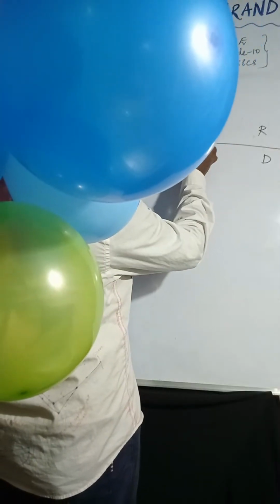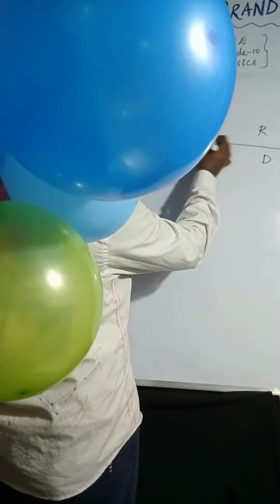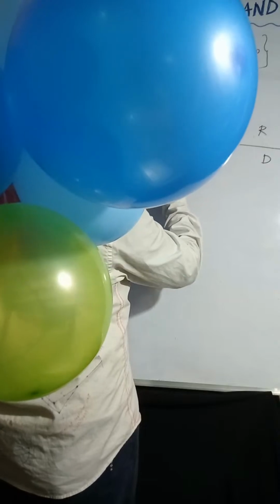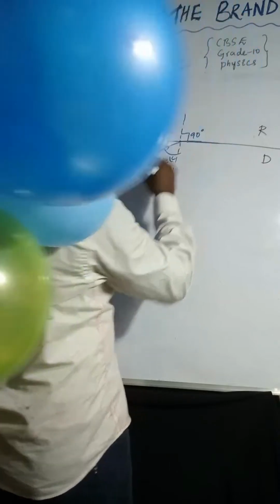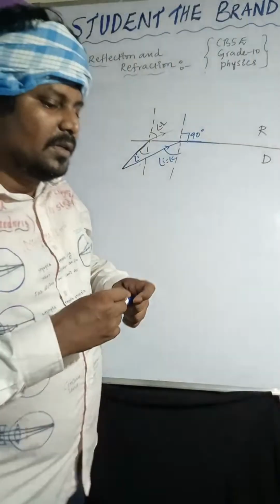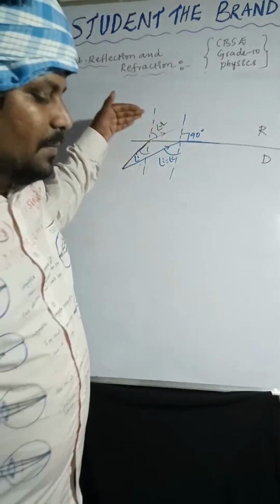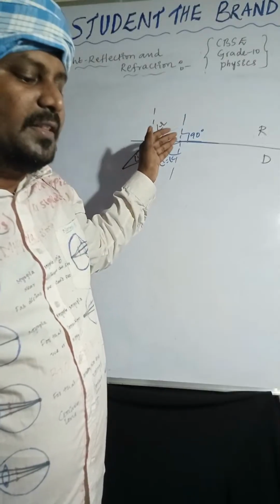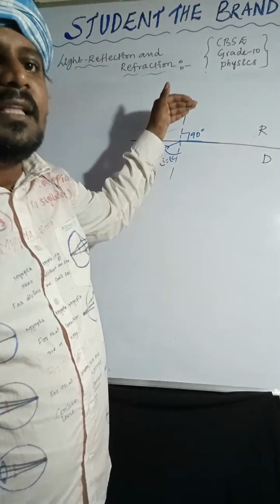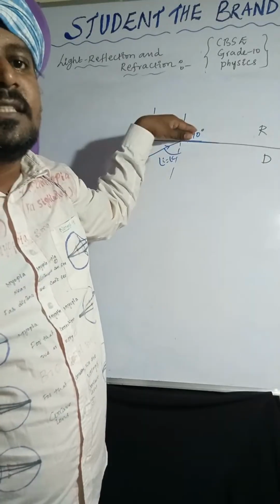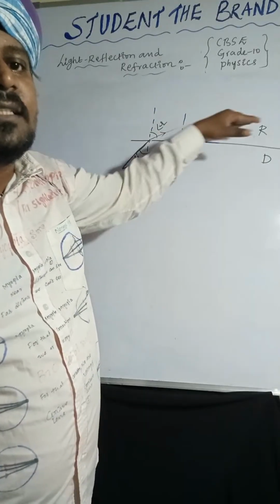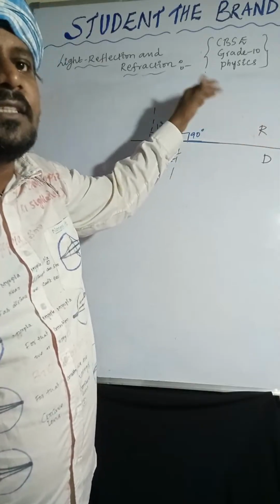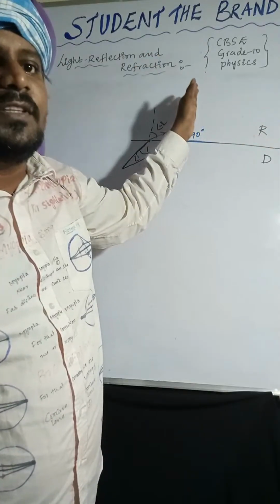If a light ray passes along the normal line, along the surface... here you can observe the light ray passing from denser to rarer at a certain angle of incidence. At that angle, the refracted ray passes along the surface, grazing along the surface, or makes 90 degrees with the normal line.